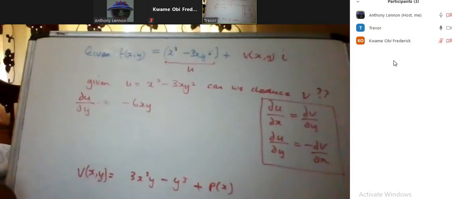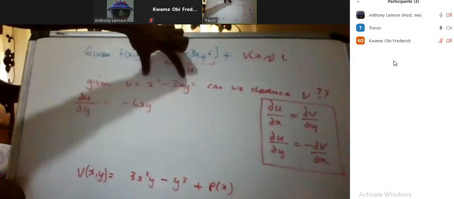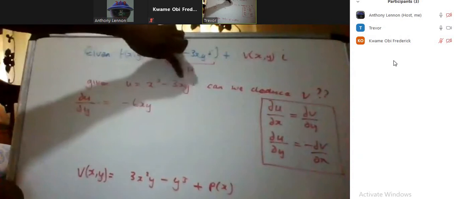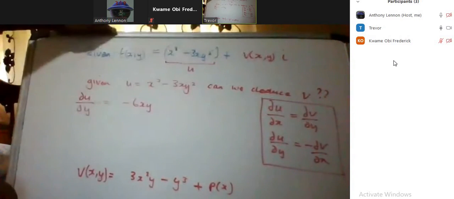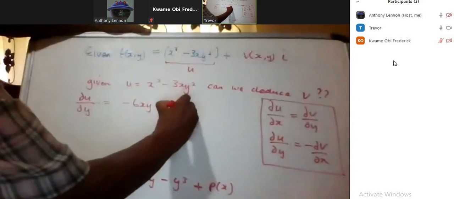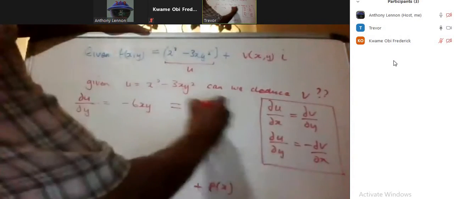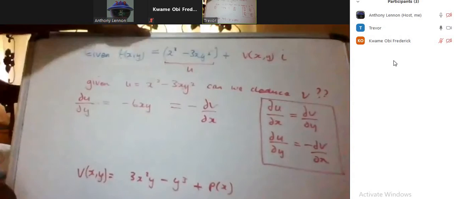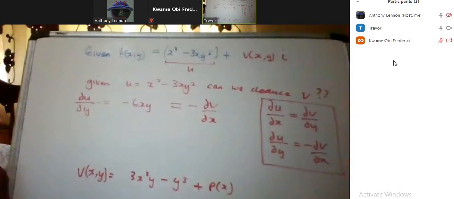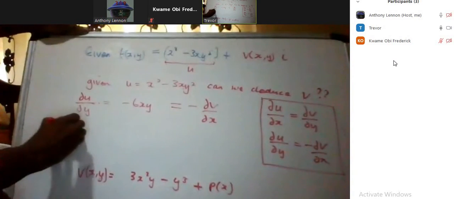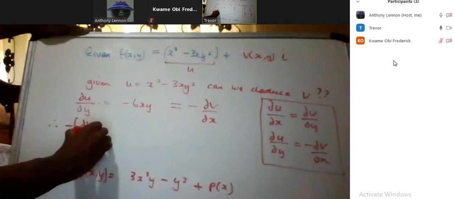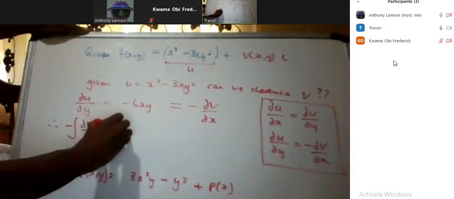Is that okay? If I differentiate this with respect to y, I get minus 6xy. Yes, sir. And this guy is equal to this guy, minus dV/dx. Therefore, integrating minus dV/dx with respect to x.